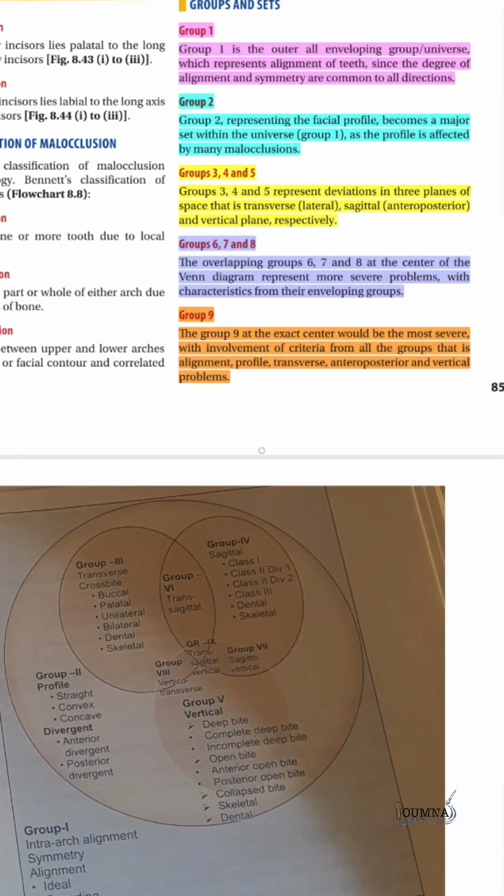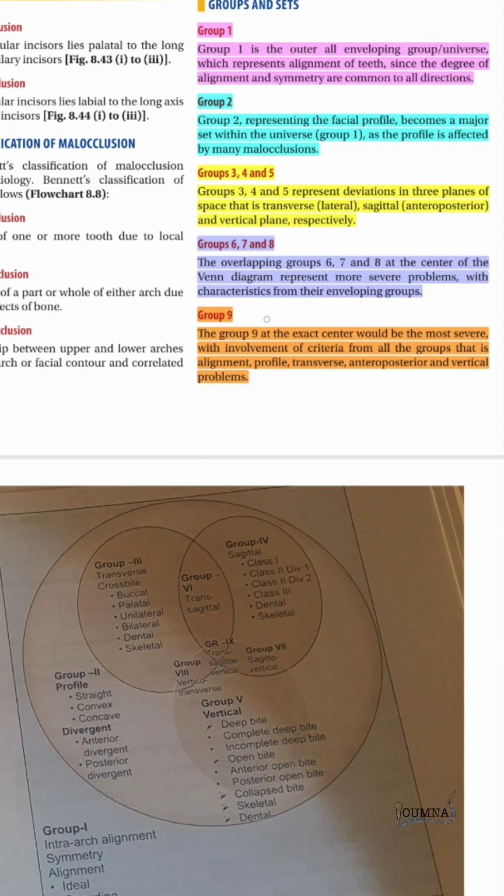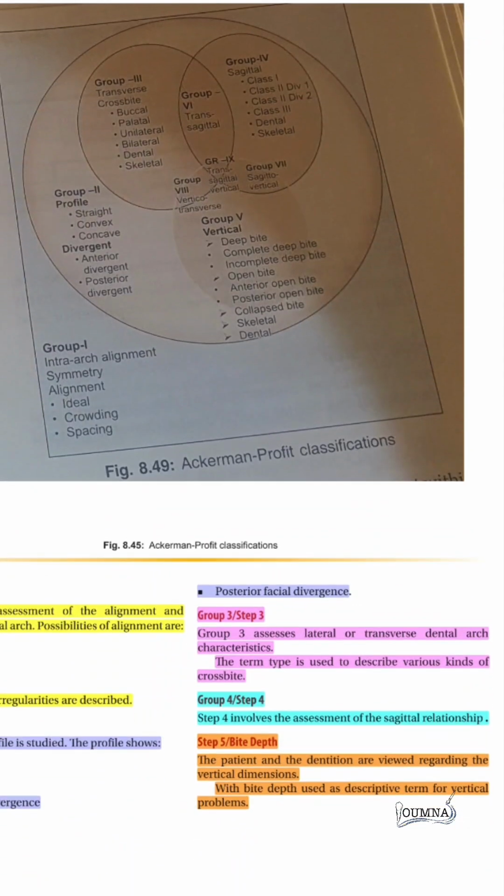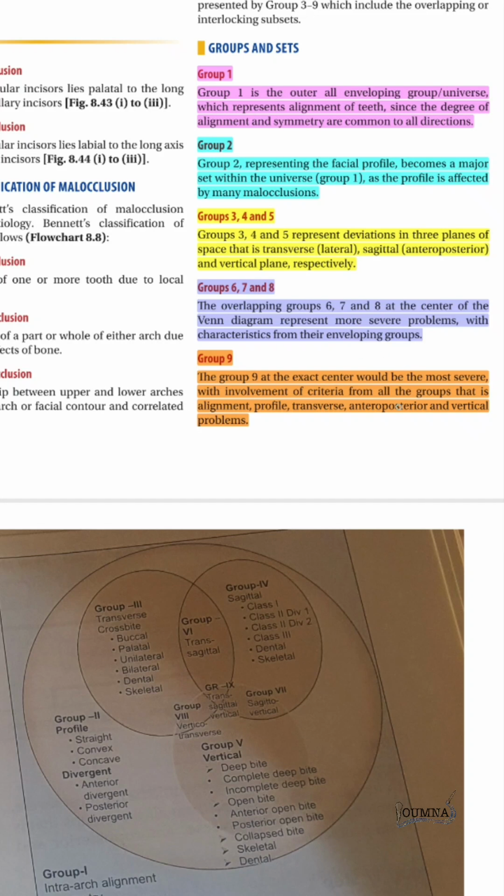In groups 6, 7 and 8, we see if there are any severe skeletal problems, or combined problems, for example, not just in one plane: vertical and transverse, sagittal and vertical, or sagittal, vertical and transverse.